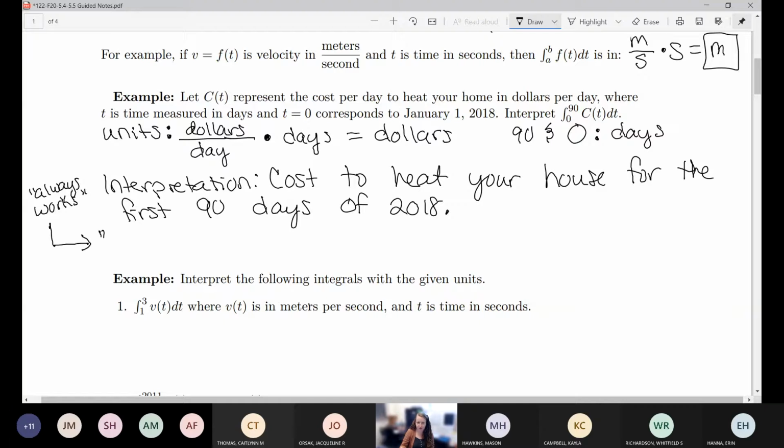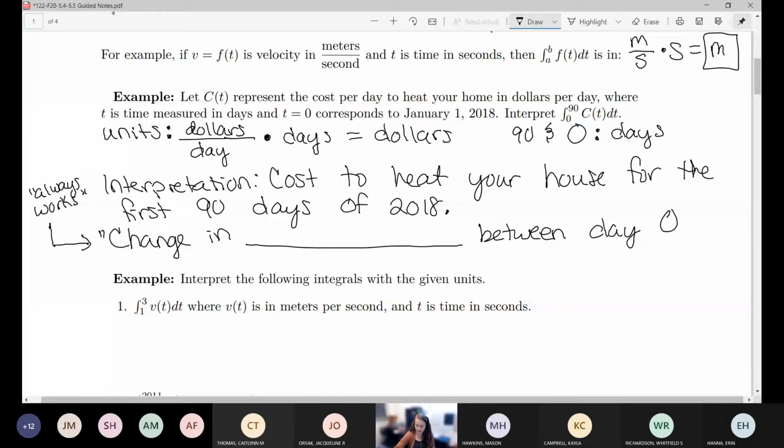but sometimes sounds really bad, is you can always write it as a change in something, and I'll write the something down in a second, between day 0 and day 90.